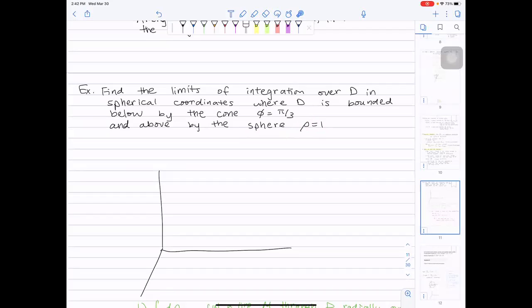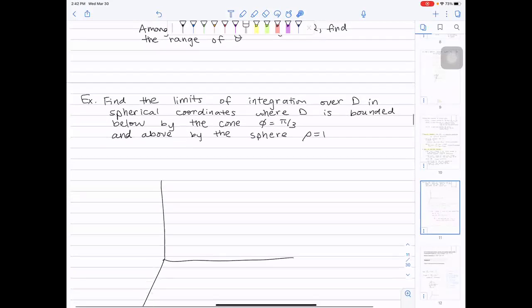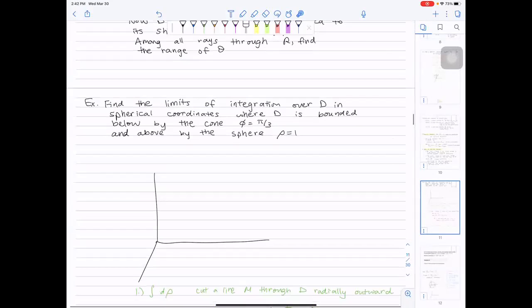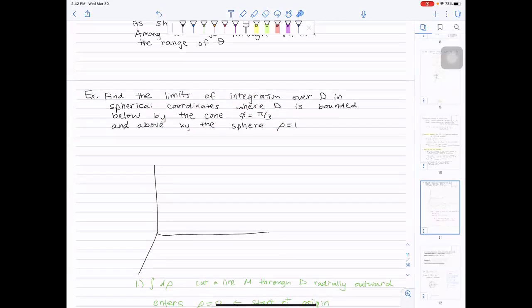Okay, take a minute to think about what bounds we should be using for this question, or even just draw the shape first. Okay.